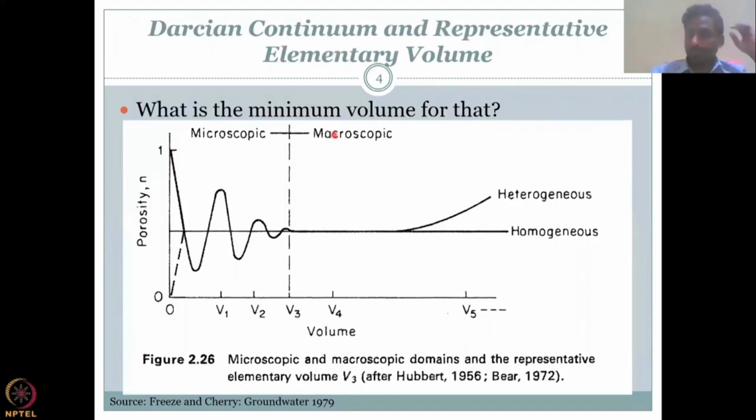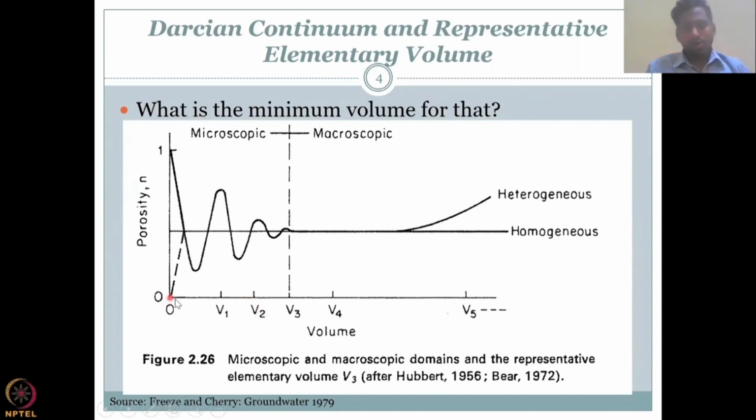Moving on. So as I said, there is a Darcian continuum where it is not regularly connected flow paths. There is a continuous flow path and it is in a macroscopic view. For the macroscopic view, there is a volume for each sample beyond which it becomes macroscopic. So if you look at it, you have the porosity on one axis and you have the volume on the x-axis.